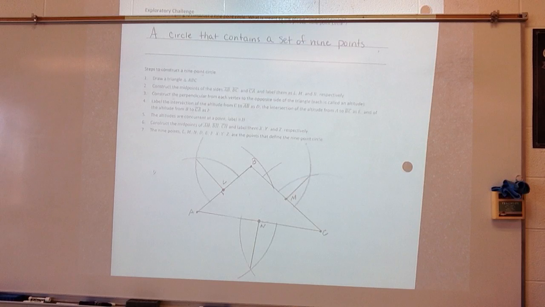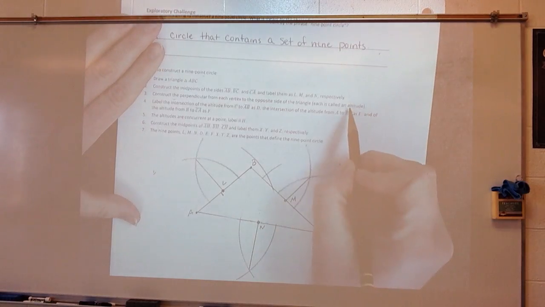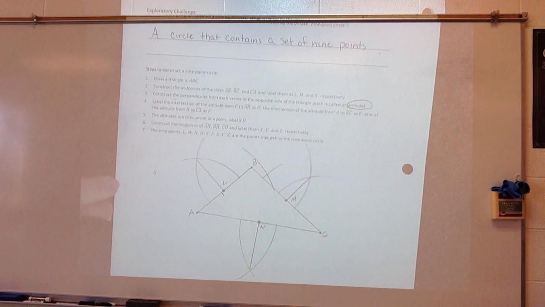Alright, now it says construct the perpendicular from each vertex to the opposite side of the triangle. Each is called an altitude. New vocabulary word here. Alright, so we are going to look at constructing an altitude. It is perpendicular. So we want to create this altitude perpendicular, meaning what?